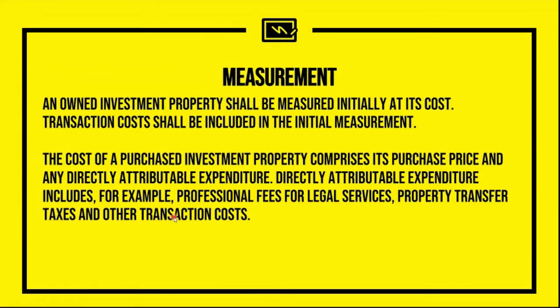Okay? So that is the reason why you do not see import duties in this case. Because it is impossible to purchase an investment property and import it from one place going to another. Okay? Because land and building cannot be transferred from one place to another. So that's the reason behind. Okay. So that's basically for purchase.